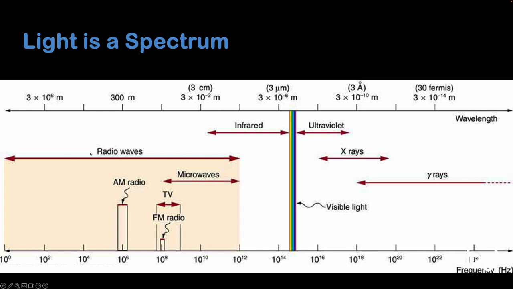Here's another way of looking at that, where we can see wavelengths and frequencies. A lot of this light, visible light for example, has frequencies in the 10 to the 14 hertz regime, and wavelengths in the 10 to the minus 6, 10 to the minus 7 meter regime. So we're talking about very short wavelengths, maybe microns or nanometers.